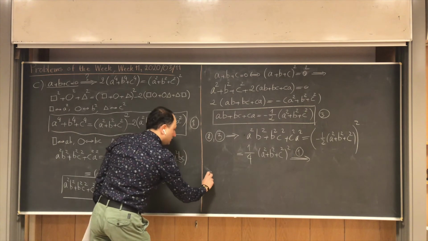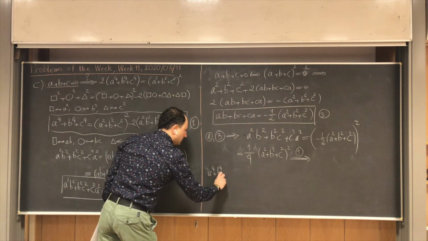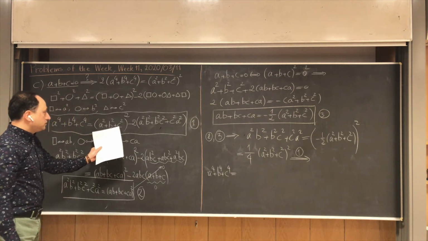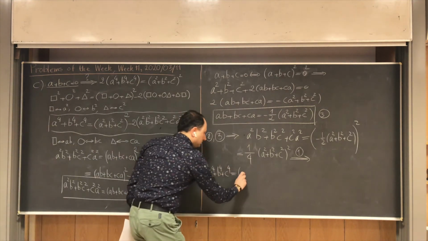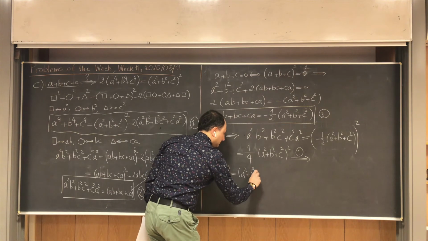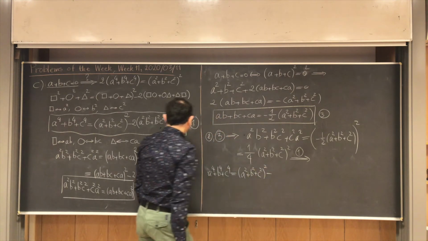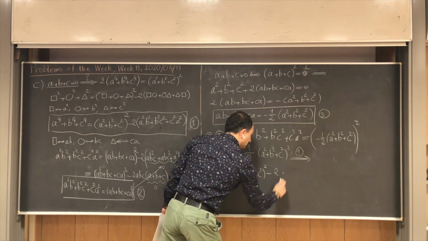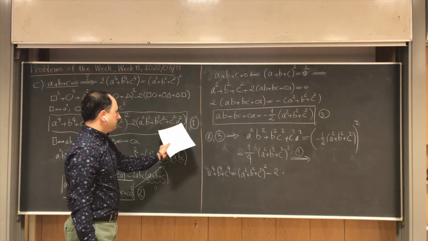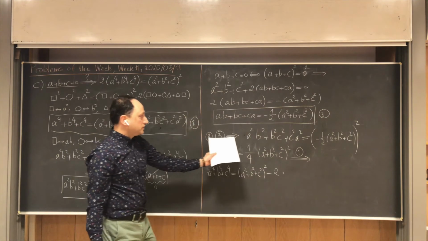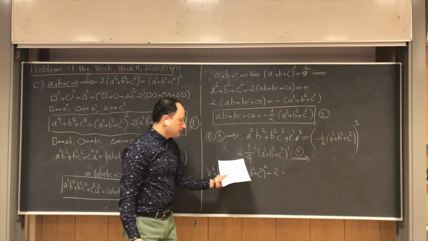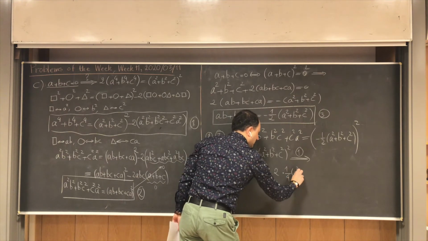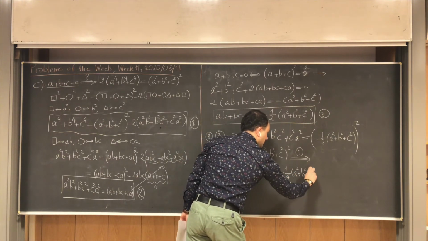It becomes A to the 4 plus B to the 4 plus C to the 4 is equal to (A squared plus B squared plus C squared) to the 2 minus 2 times this expression. But this expression is equal to that. So it becomes 1 over 4 (A squared plus B squared plus C squared) to the 2.